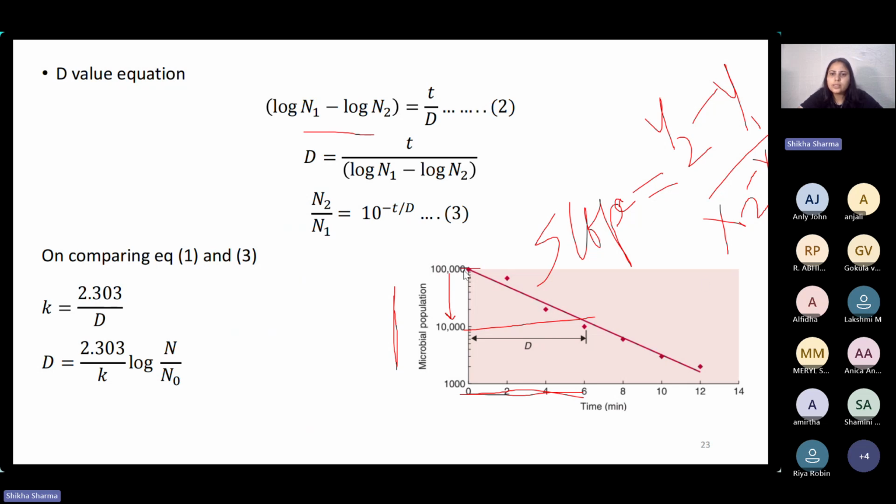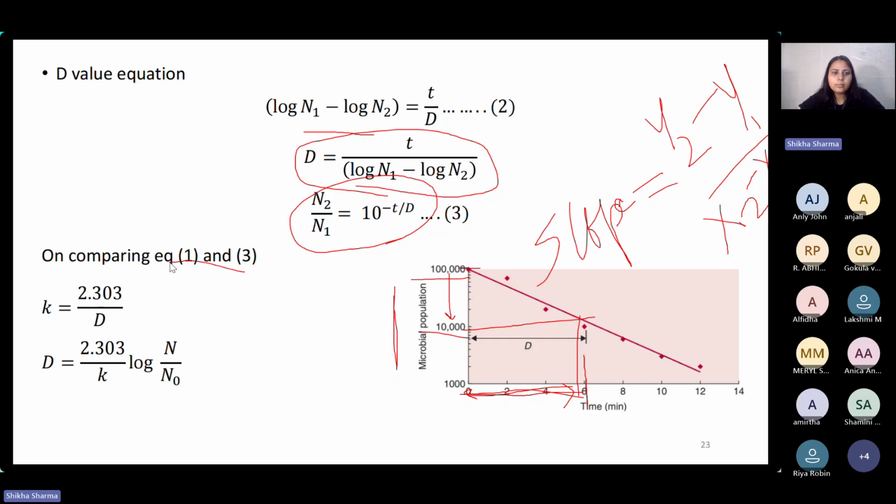So y2 minus y1, that means this minus this, which is log n1 minus log n2, divided by x2 minus x1, which is this time. So D equals t divided by log n1 minus log n2, and we can also write this equation as n2 by n1 equals 10 to the power minus t by D, where we are taking the anti-log.